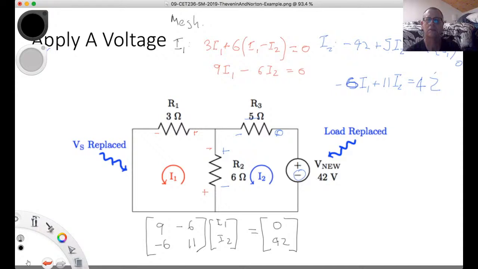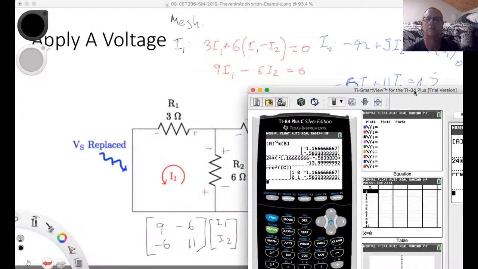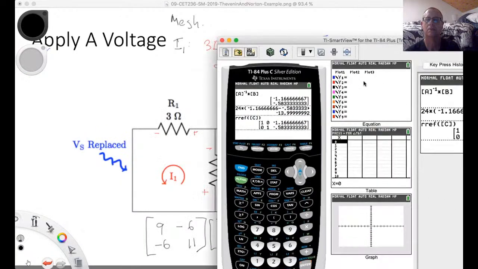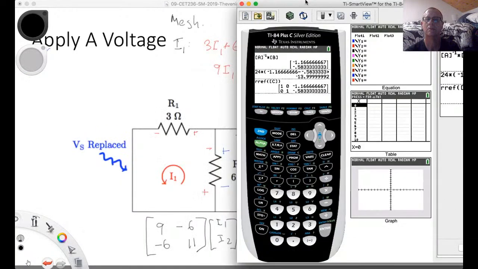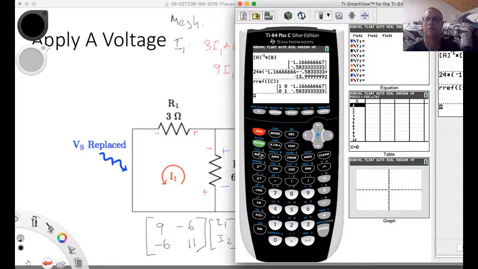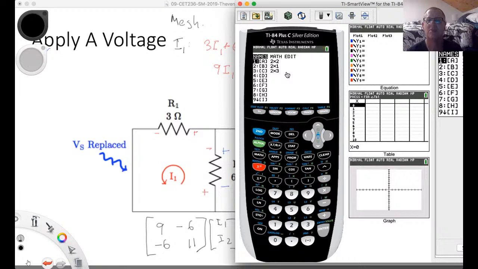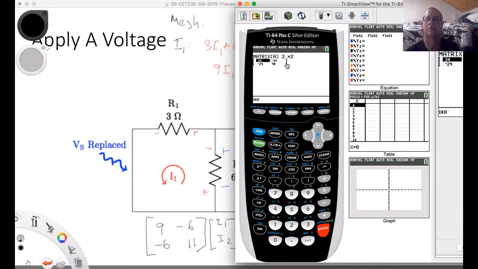Let's see if I can remember how to do that. I do have a calculator going. So second matrix, and I want to edit A, a 2 by 2 matrix. 2 is right, 2 is right.